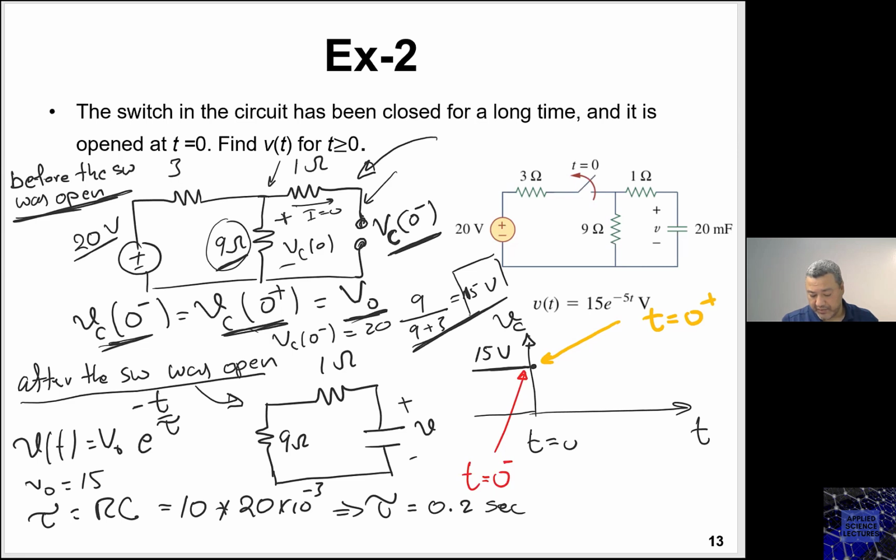And then Vt becomes 15 e to the power minus t over 0.2 volts.